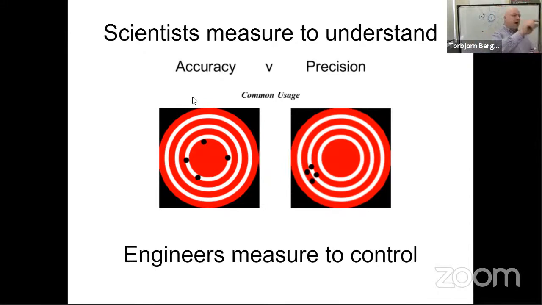So if I keep measuring and I make a lot of measurements and then I take the average value of all those measurements, it's probably in the center of those four right there. If I average all of these together, I'm still not accurate. But if I average these together, I'm somewhere in the center.